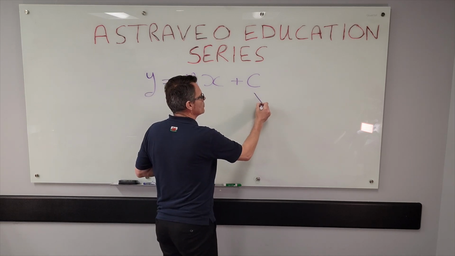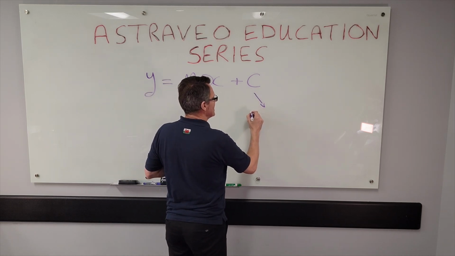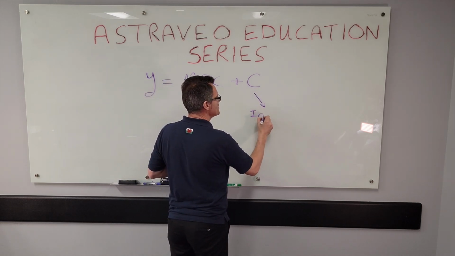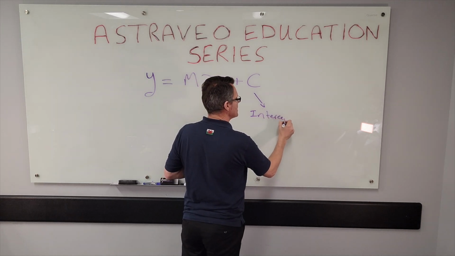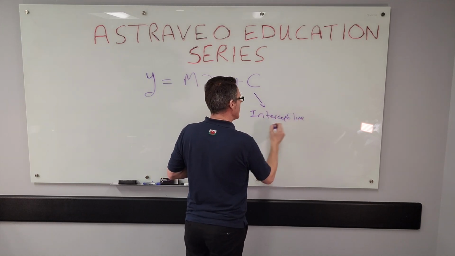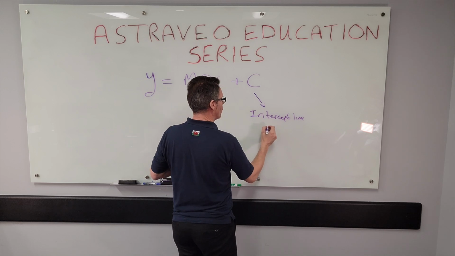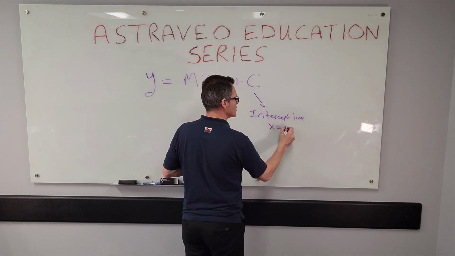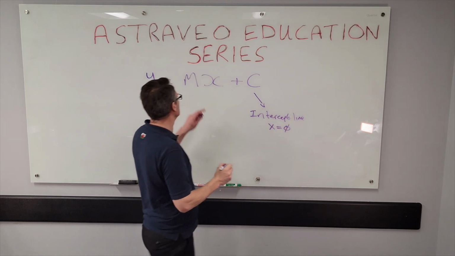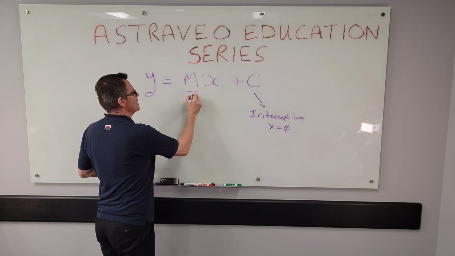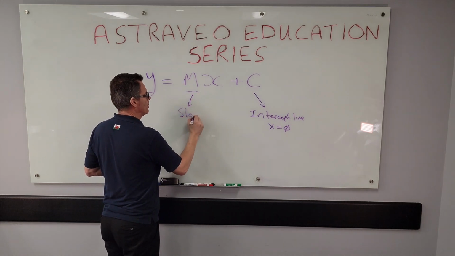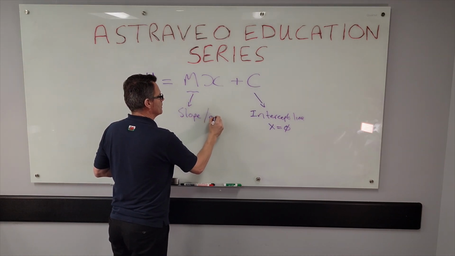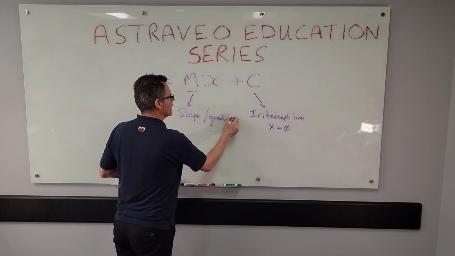And I'm going to explain all this on a graph shortly, but this c is called the intercept line, and it's basically the y value when x equals 0. This m symbol is called the slope or the gradient of the line.